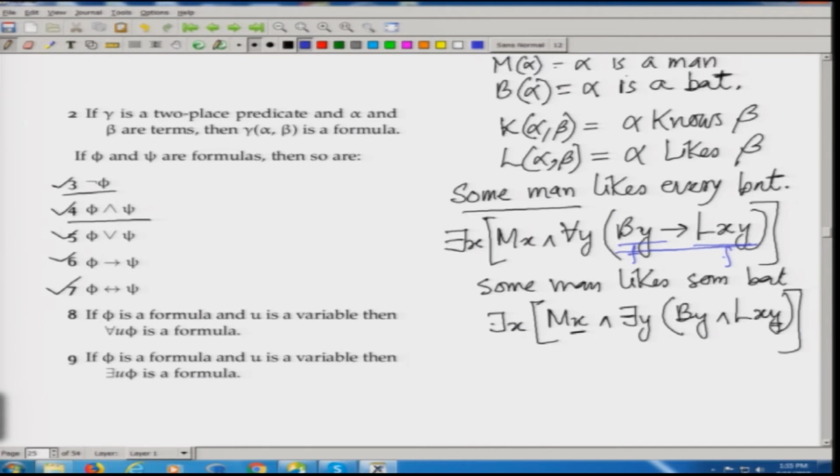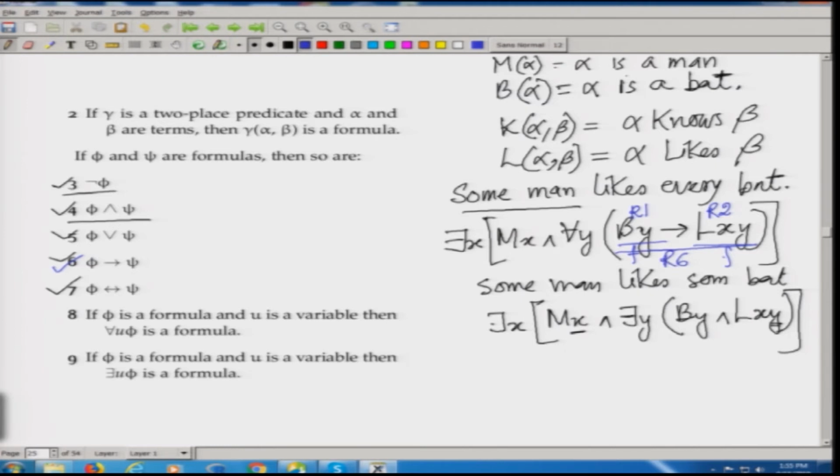So, what is the rule we used here? The first rule here is rule number 2. Then we have used rule number 1 for this. After that, we have used rule number 6, that if both phi and psi are formulas, then so is phi implies psi.